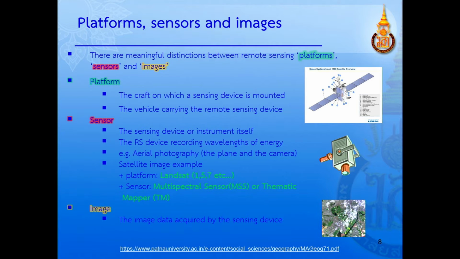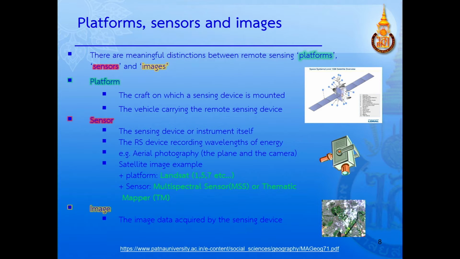After we have the platform, what should we have? We should have the sensor, right? The sensor is connected with the platform. When they go into space in an orbit, platform and sensor go together.